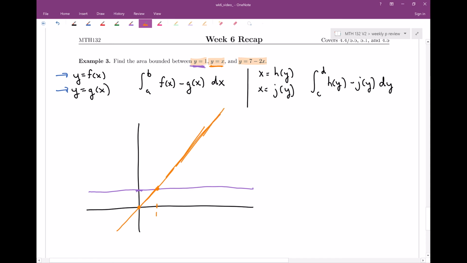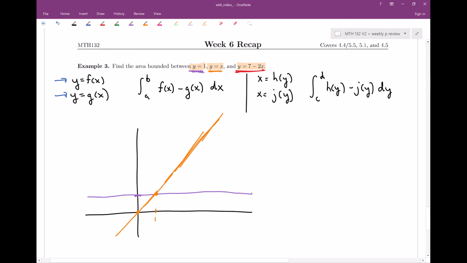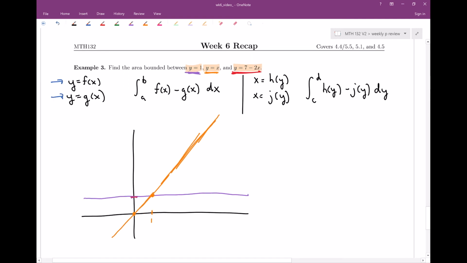And then finally, maybe my most complicated curve, but still, all things considered, it's not too bad. We have y equals 7 minus 2x. This is a curve that starts up at height 7. So 1, 2, 3, 4, 5, 6, 7.